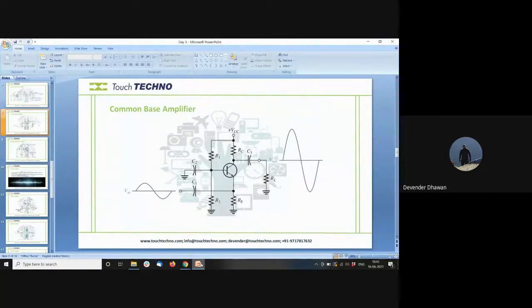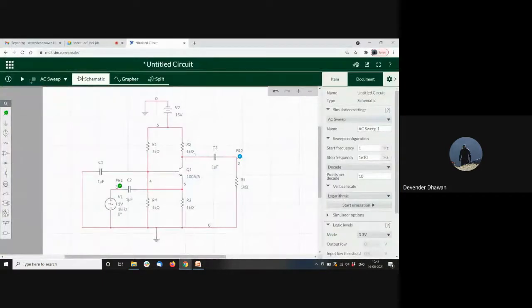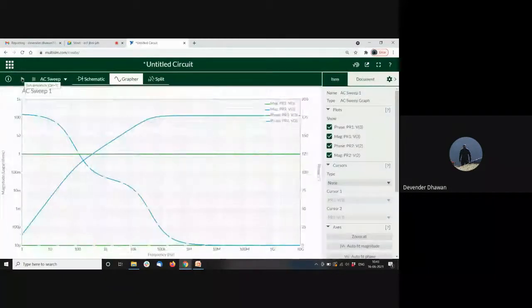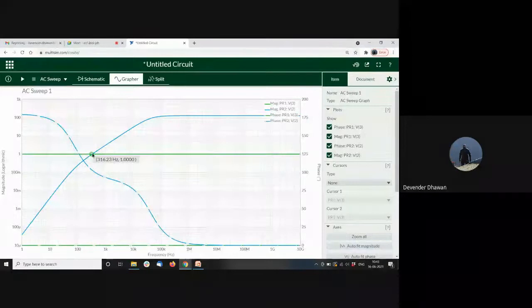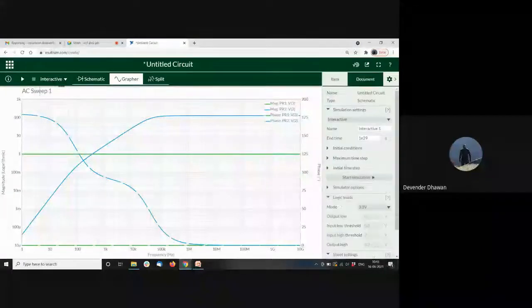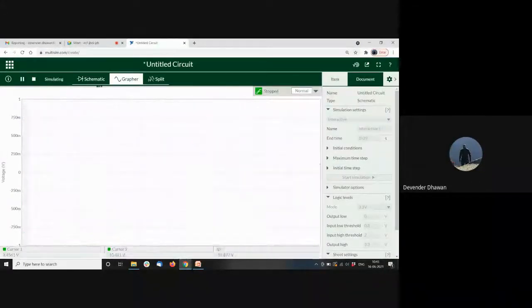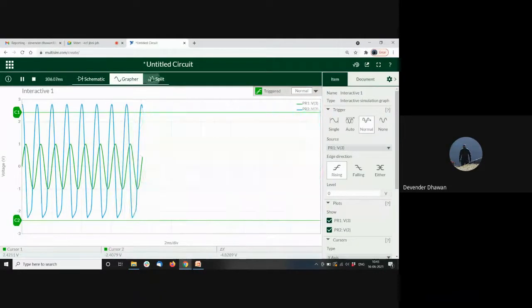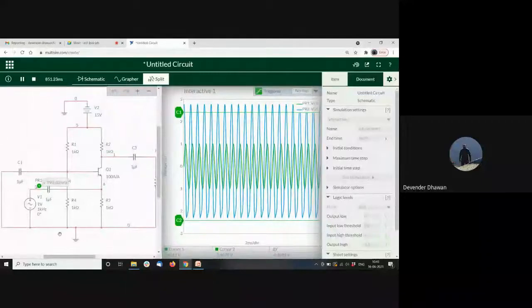Okay, looks fine. If I do an AC sweep now on this, you see afterward 316 it will do the amplification. If I go under interactive and run it, you can see we are already giving 1K.